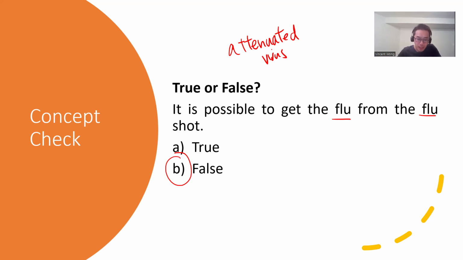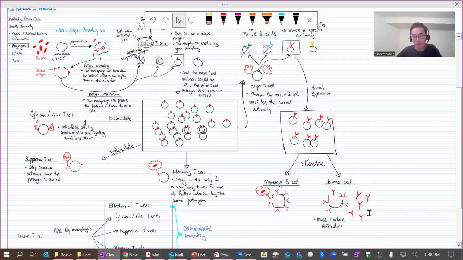Now, sometimes you hear people say, but I got the flu shot like 2 days ago and then I have the flu now. It must be from the flu shot. In those instances, you got to remember the flu shot does not work immediately. The flu shot is just a way to educate your body and help trigger the process of creating antibodies for the flu.